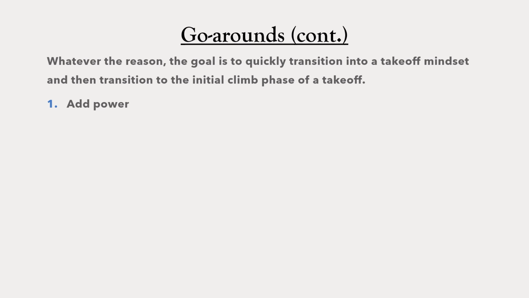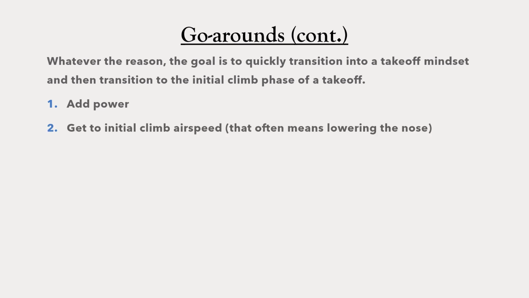There's a number of things you need to do, and you should do them in this order. The first thing is add power, full power. And if you had carburetor heat on, you want to take the carburetor heat off because that limits your power.